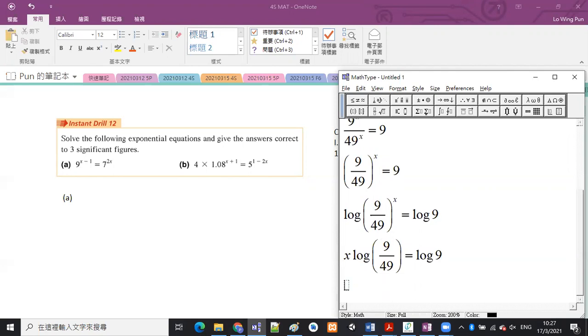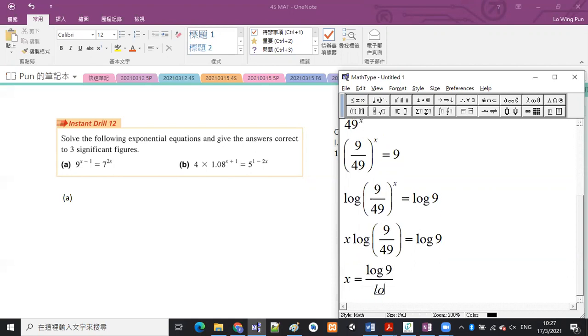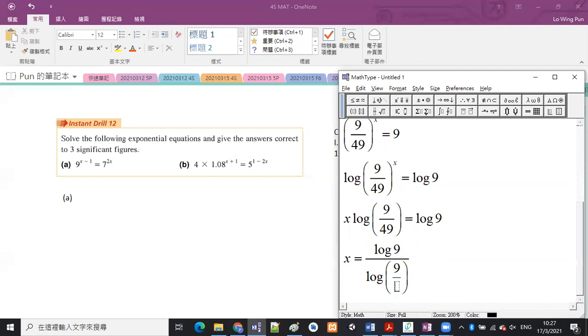Okay? And then you just divide the log of 9 over 49 to the right-hand side. So we have log 9 over log, bracket, 9 over 49. And then you just use the calculator here to find the answer.